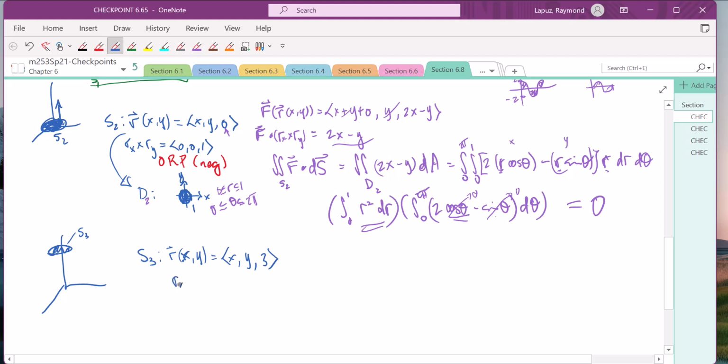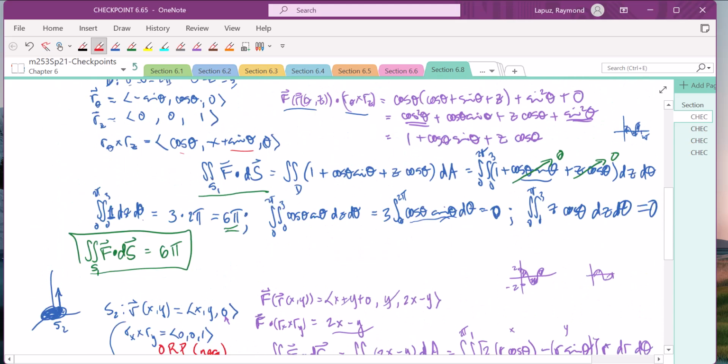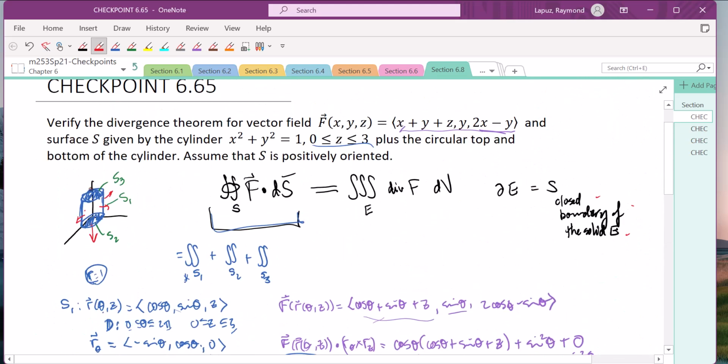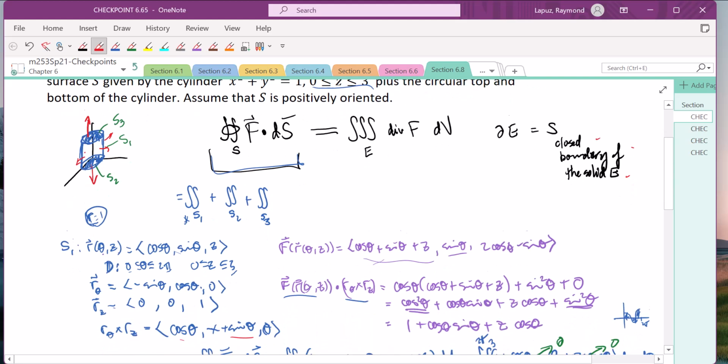Your r_x cross r_y will equal 0, 0, 1 again, and this time it is in fact going in the correct direction that we want for the outer, it's oriented going outward.